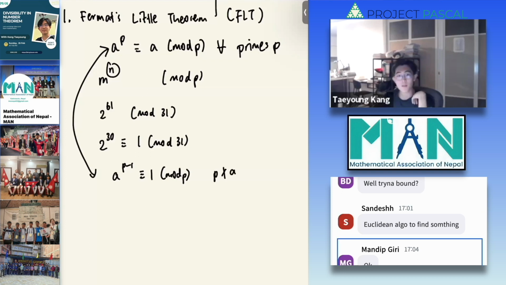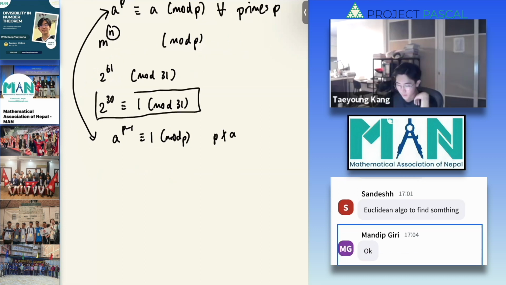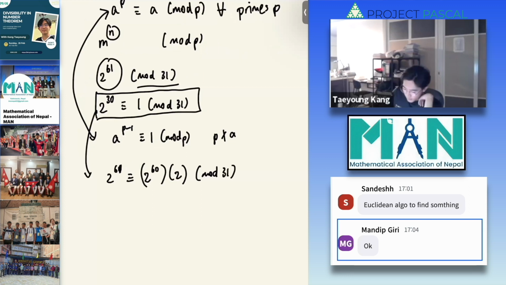So 2 to the power of 61 is congruent to 2 to the power of 60 times 2 mod 31, which is congruent to (2 to the power of 30) squared times 2 mod 31.